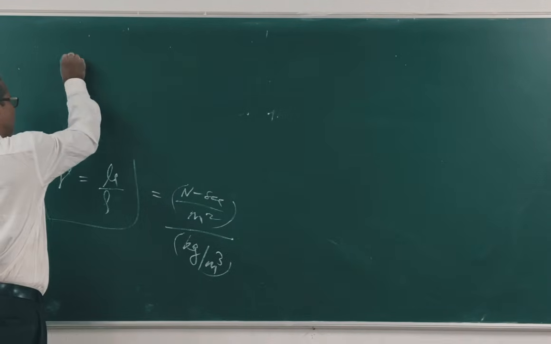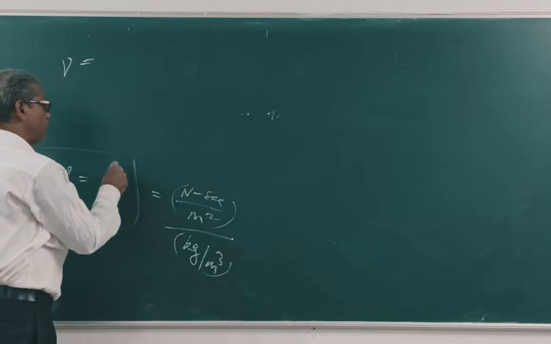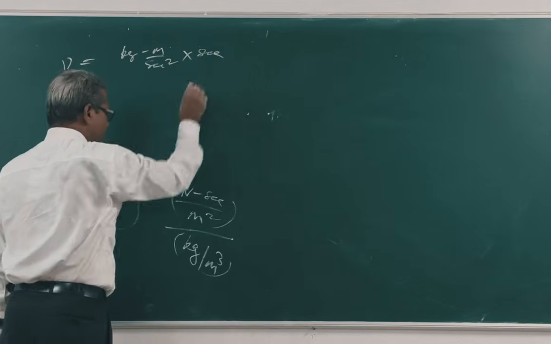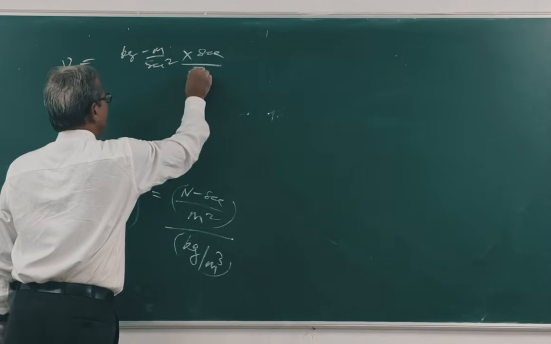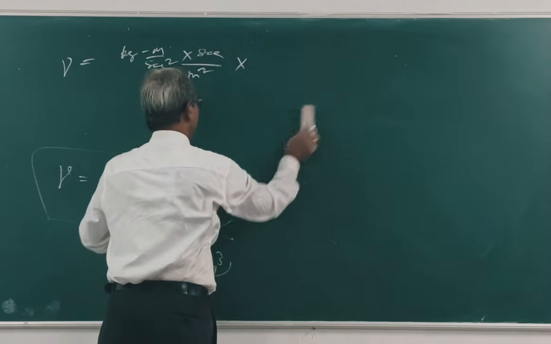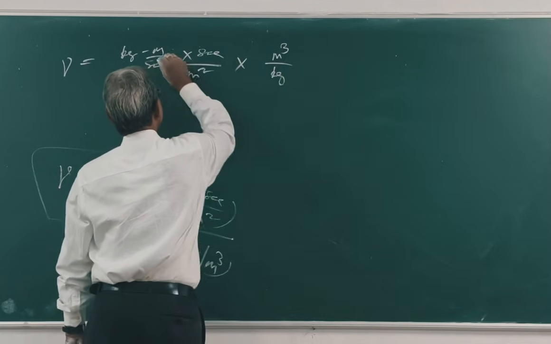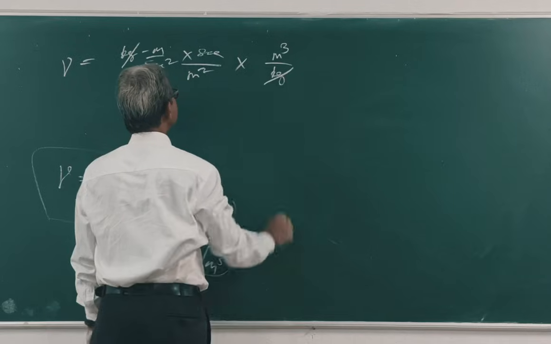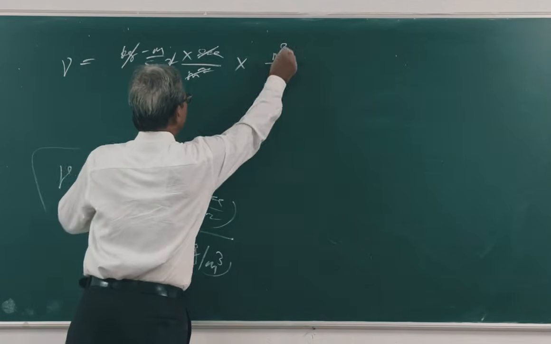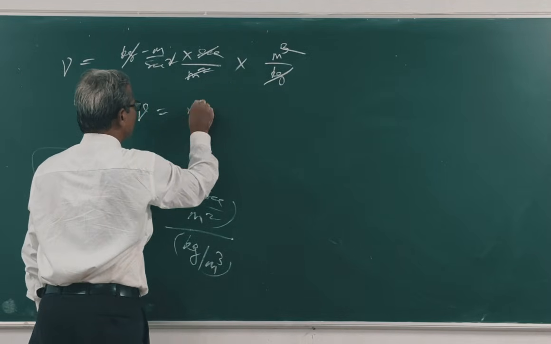Mu by rho is equal to kg meter per second square into second by meter square, into meter cube by kg. Right? Kg cancels. Second cancels. Meter square cancels too. So finally, meter square by second.